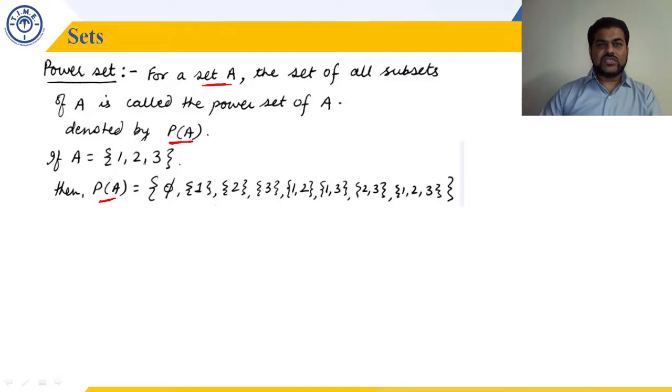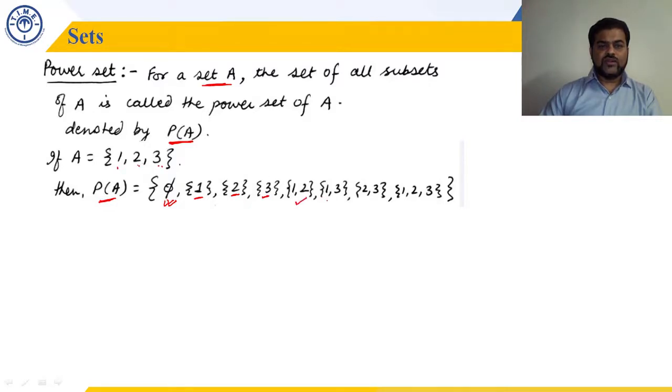Now when you consider the subsets of any set, then the null set or empty set is also a subset of any set. So first we include no elements, which means phi, the null set. Then we start including only a single element. So we can have {1}, {2}, {3}. Then we take the combination of 2 elements. So we can have {1, 2}, {1, 3}, {2, 3}.